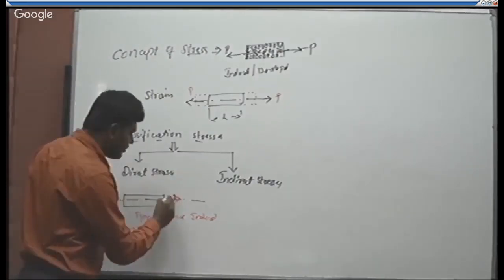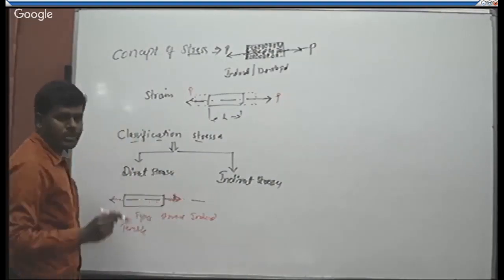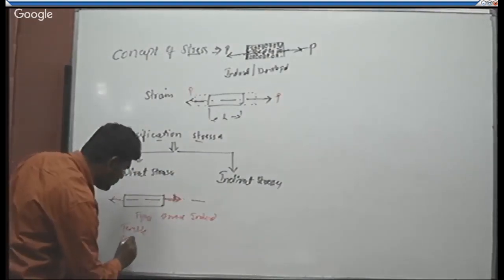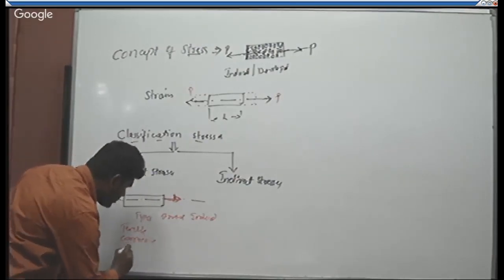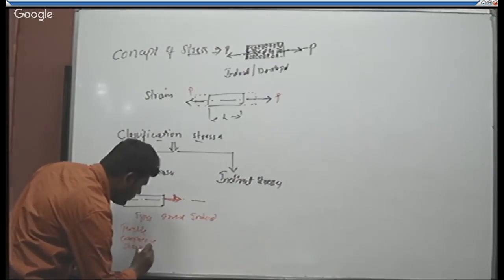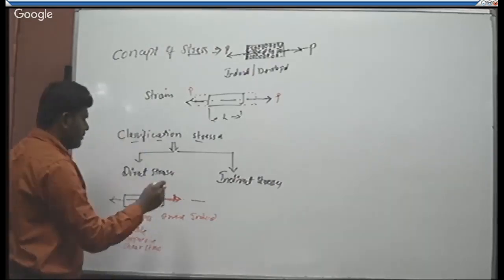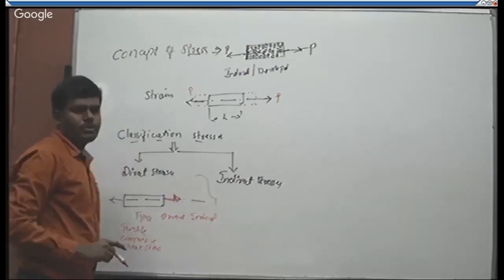If the force acts towards the body, we term it compressive stress. Then we have another type called shear stress. These are the three different types of direct stresses we are going to discuss in this unit.